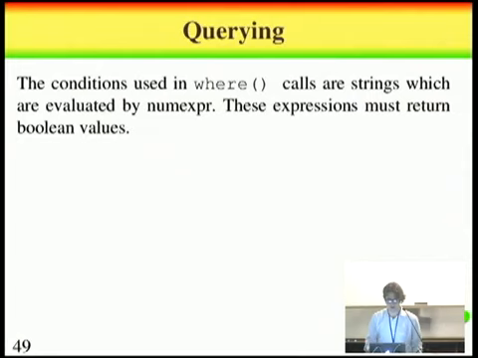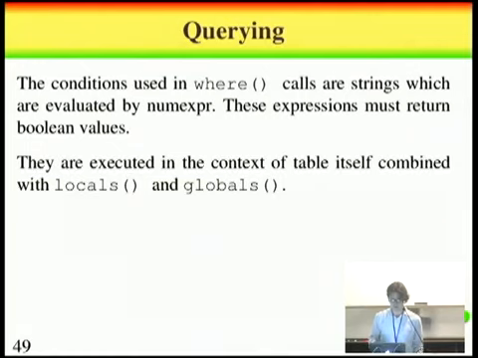Here they have to be Booleans. So this is similar to the masking concept in NumPy. Moreover, as with NumExpr, these where conditions are evaluated in the context of the table itself, so the columns are valid names in that namespace, and in the union of locals and globals.